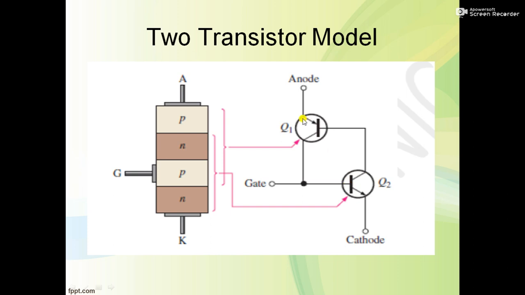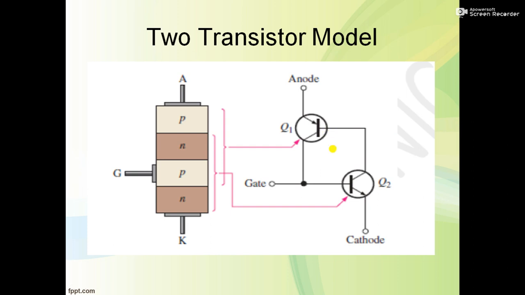Now the collector current of Q1 becomes the base current of Q2, and the collector current of Q2 becomes the base current of Q1.